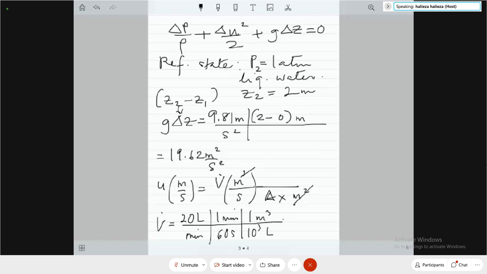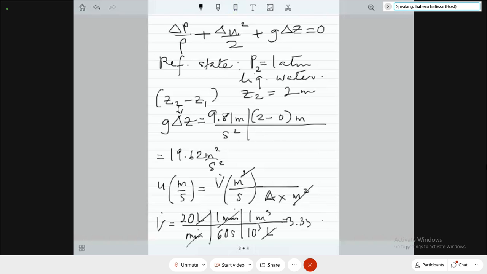So that will be in meter cubed per second. Let me calculate the value: 20 divided by 60 divided by 1,000. I got 3.33 times 10 to the power negative 4.